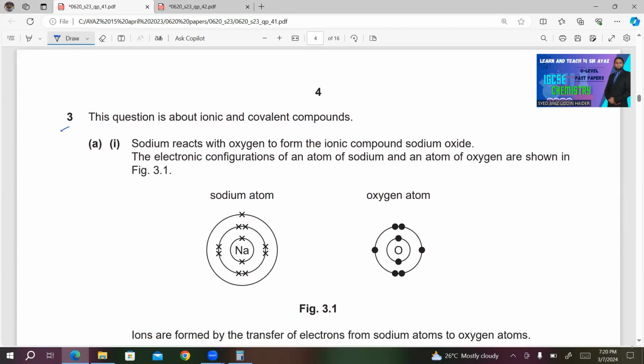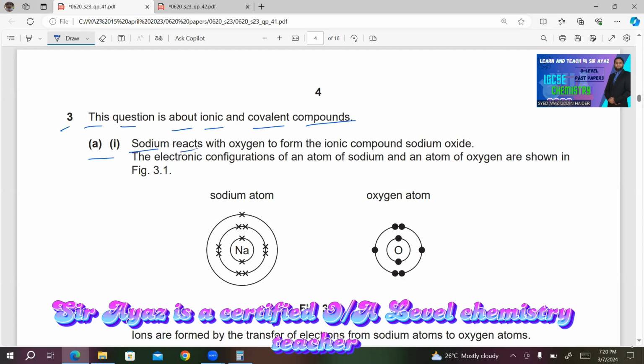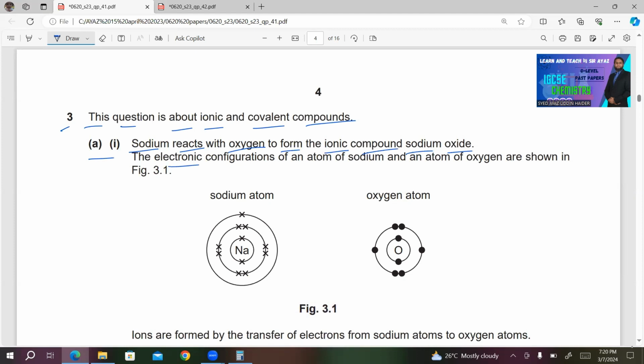Question number 3. This question is about ionic and covalent compounds. A1. Sodium reacts with oxygen to form the ionic compound sodium oxide. The electronic configurations of an atom of sodium and an atom of oxygen are shown in figure 3.1. This is figure 3.1.